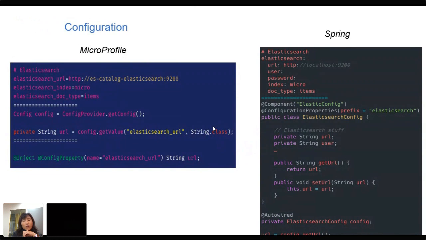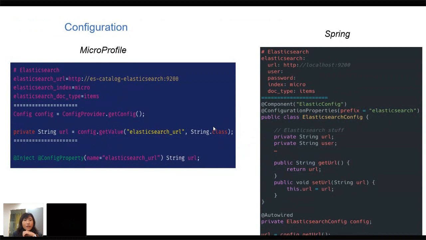This config source could be in an environment variable, or in a system property, or inside your MicroProfile application. Or if you put it in Kubernetes, you can put it in a ConfigMap. Or you could specify this in ZooKeeper or in a database, anywhere.